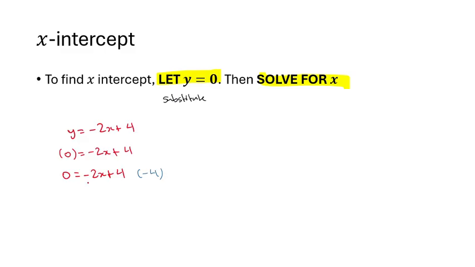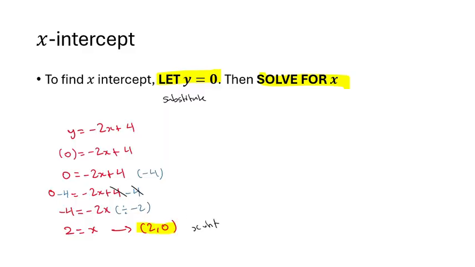Let's just solve that like normal. So these cancel out. So that means x equals 2. So you have the coordinate point 2, 0. So that's your first coordinate point right there. This is what we call the x-intercept.